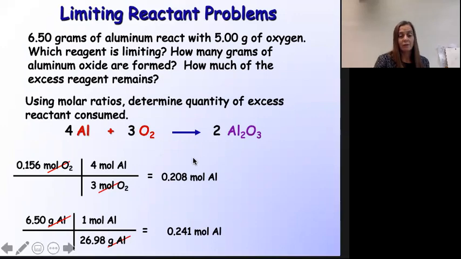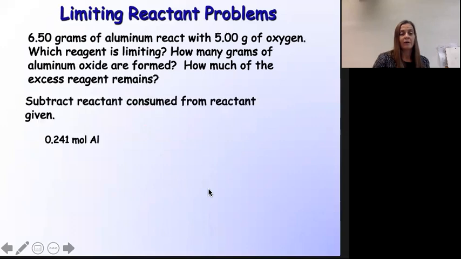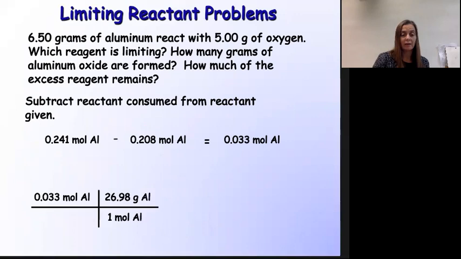If I have 0.241 and I'm only going to use 0.208, then I have 0.033 moles remaining. And now I'm just going to convert that back to mass, and I'm going to find that I will have 0.890 grams of aluminum left over.